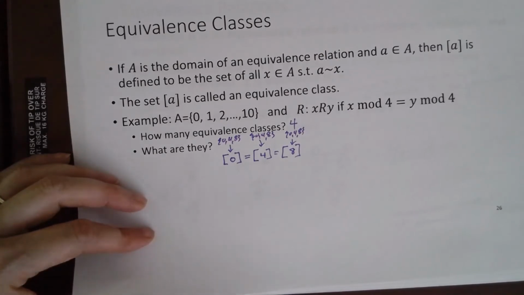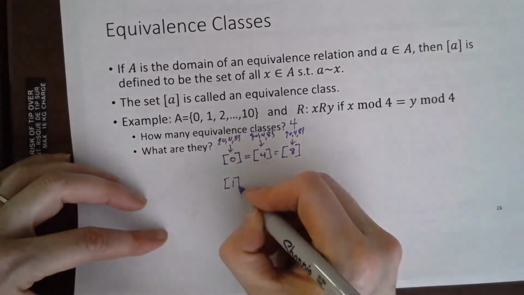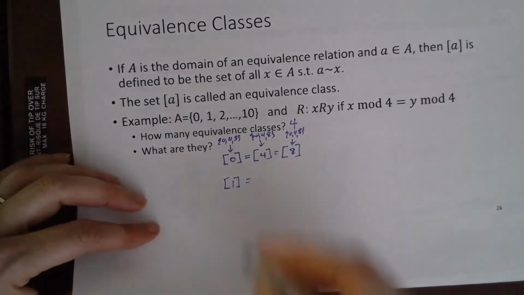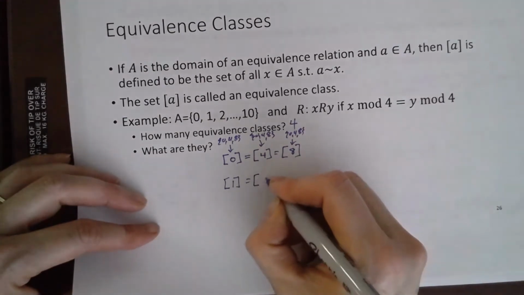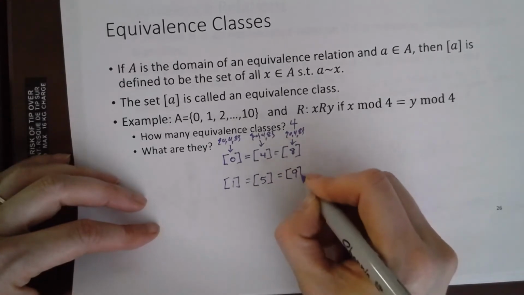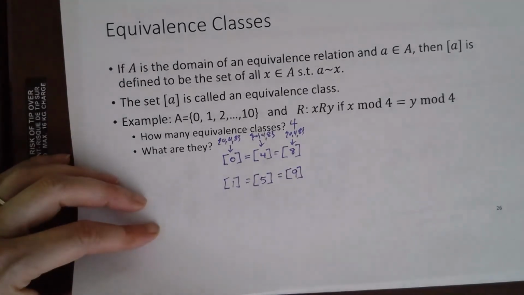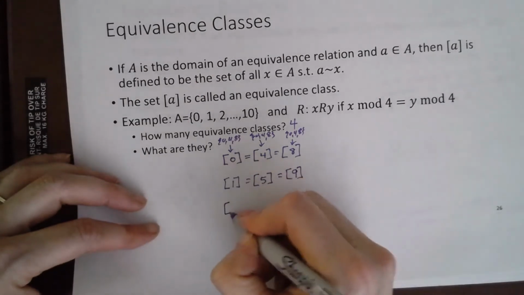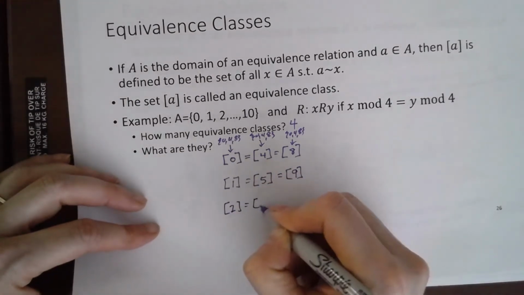Okay. And then if we go on to 1, that's exactly the same elements that are related to 5 and to 9. Those are all the same thing. And then we had 2, that's the same thing as 6 and 10.